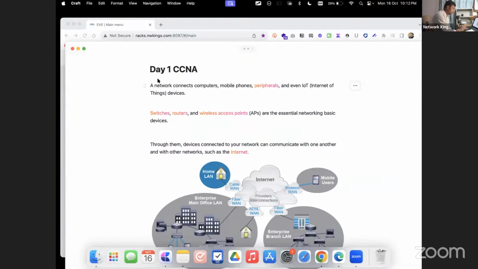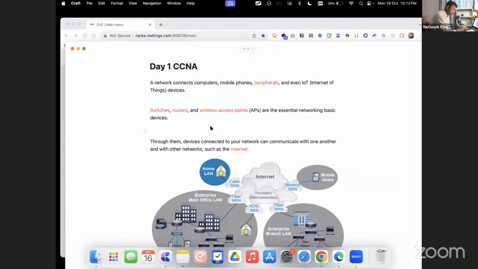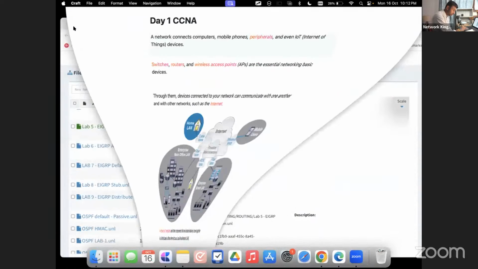Okay, so what is a network? If two or more computers are connected together, that's a network, right? So let me show you.